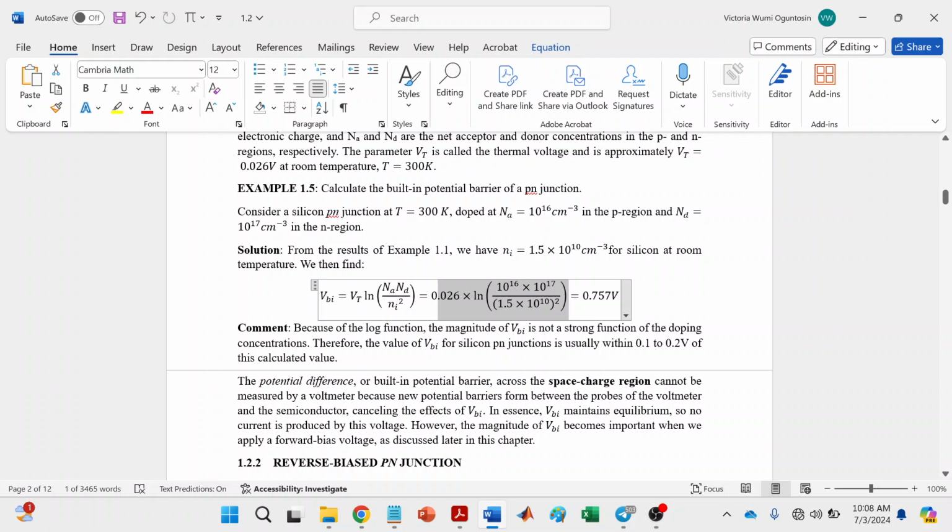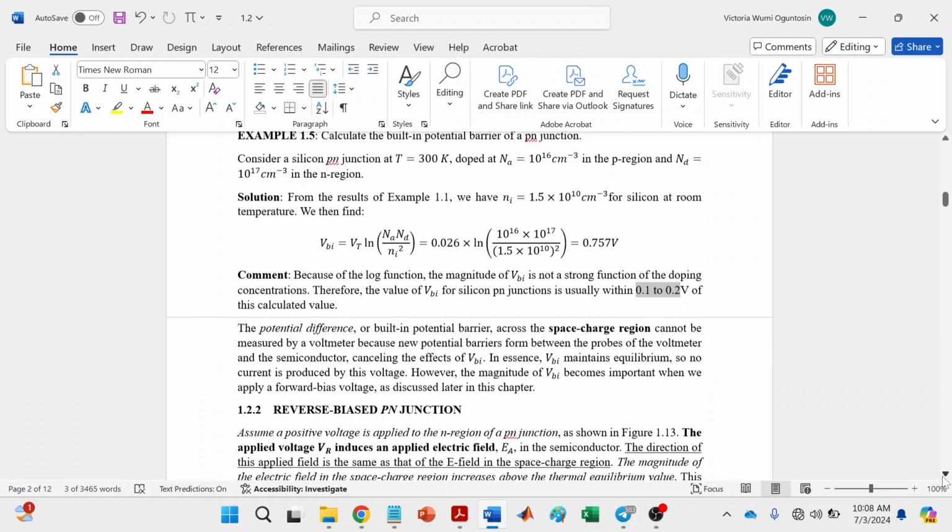But in practice, because of this log function, the built-in potential barrier is not really a strong function of the doping concentration. So it's more of a strong function of the thermal voltage. So in practice, it's not actually this value, but it's usually between 0.1 to 0.2 volts of the calculated value.